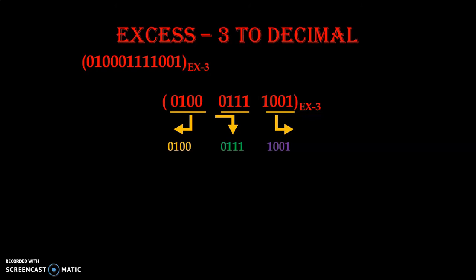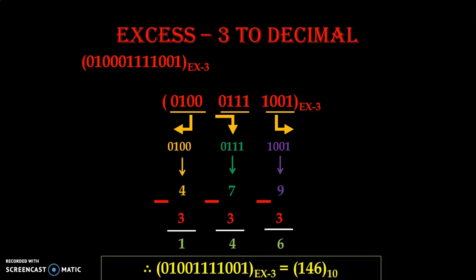We convert each binary group into an equivalent decimal number. So 0100 is 4, 0111 is 7, and 1001 is 9. Now do not forget the next step. We have to subtract 3 individually from each decimal number. 4 minus 3 is 1, 7 minus 3 is 4, 9 minus 3 is 6. So 146 is our answer.